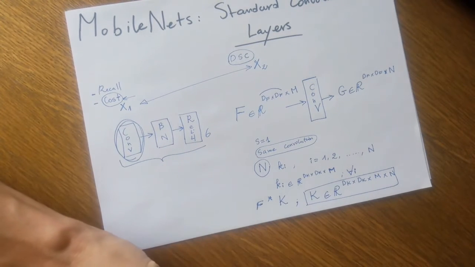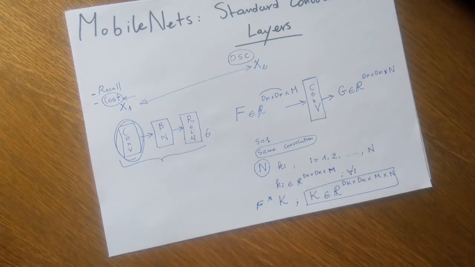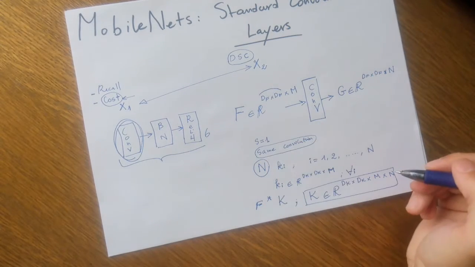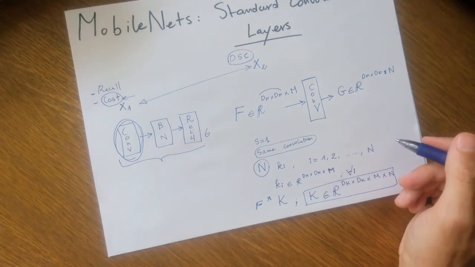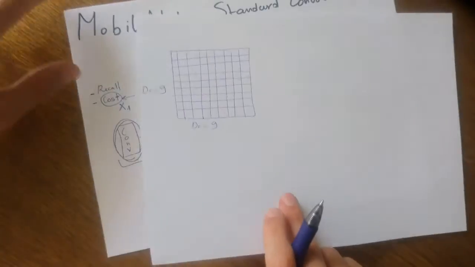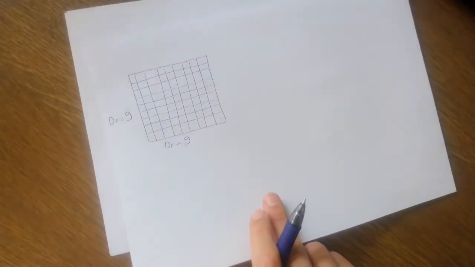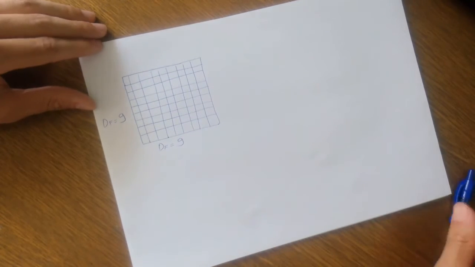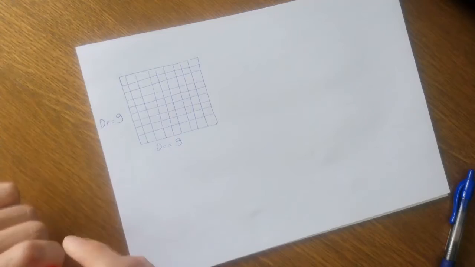Now what I want to do is to figure out the computational cost after convolving all of these kernels with the input f. So to make things easier, I've prepared this visual representation.